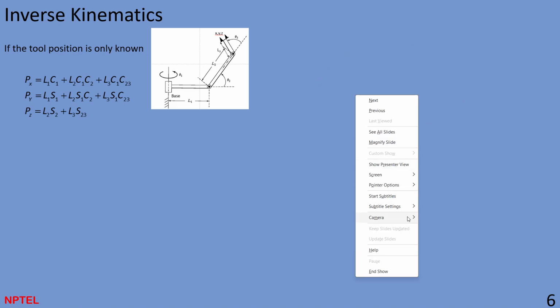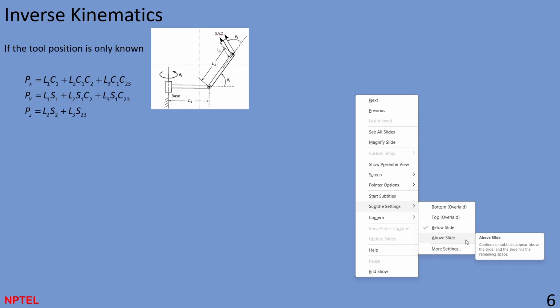If the tool position is only given to you, so they haven't given you the whole transformation matrix with respect to the base, they have already given you px, py, and pz. Okay. You get the transformation matrix, and you compare it with those points here. And based on that, you now want to calculate the different theta 1, theta 2, and theta 3.